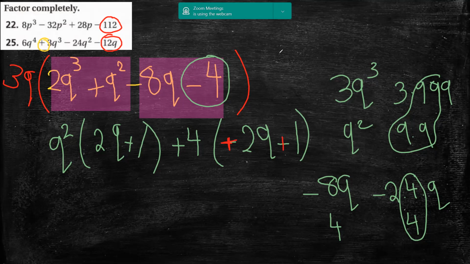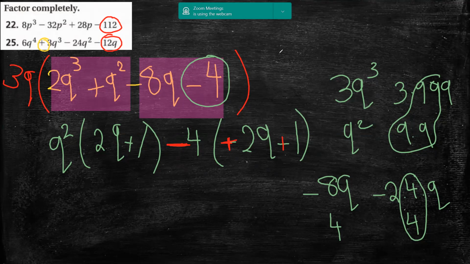If I make the positive 4 a minus 4, I must change the sign inside the bracket. So here it will be positive 2q, positive 1. So it comes like q squared times (2q plus 1) minus 4 times (2q plus 1).